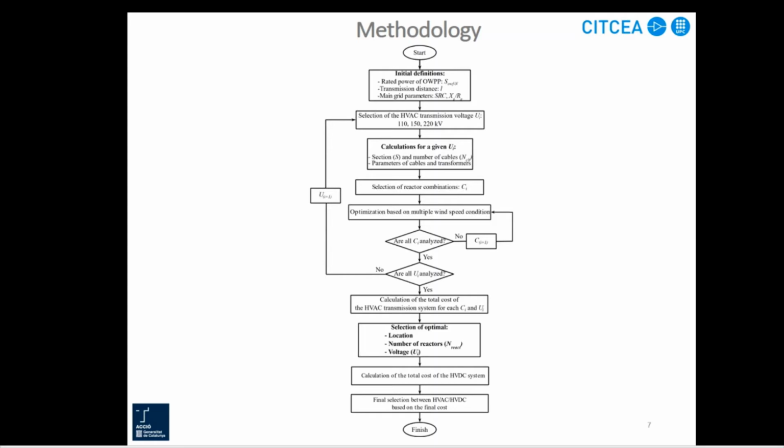Based on that, comparing for each power and each distance, we have an optimal location, optimal number of reactors, and the optimal voltage. At the end, we added the HVDC transmission system, and we did the calculation of the total cost of that system, which offers us the possibility to do a final selection between these 2 transmission systems.